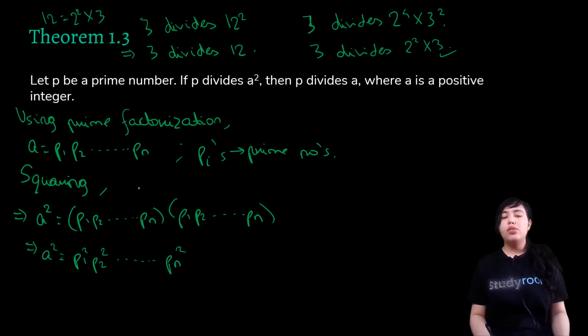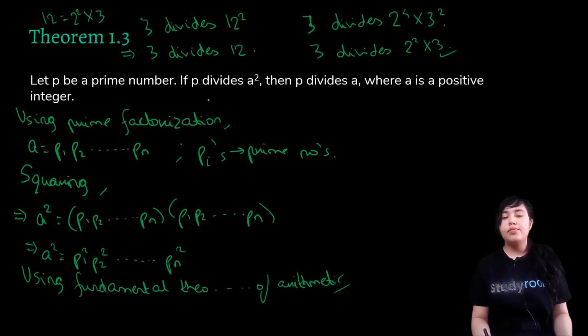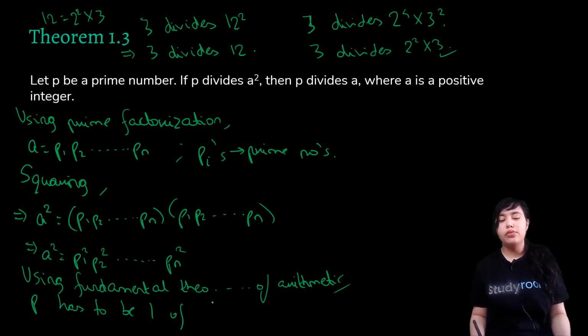Now, using the fundamental theorem of arithmetic, if p is dividing a square, then p has to be one of these numbers only. So p has to be one of p1, p2 going on to pn only.